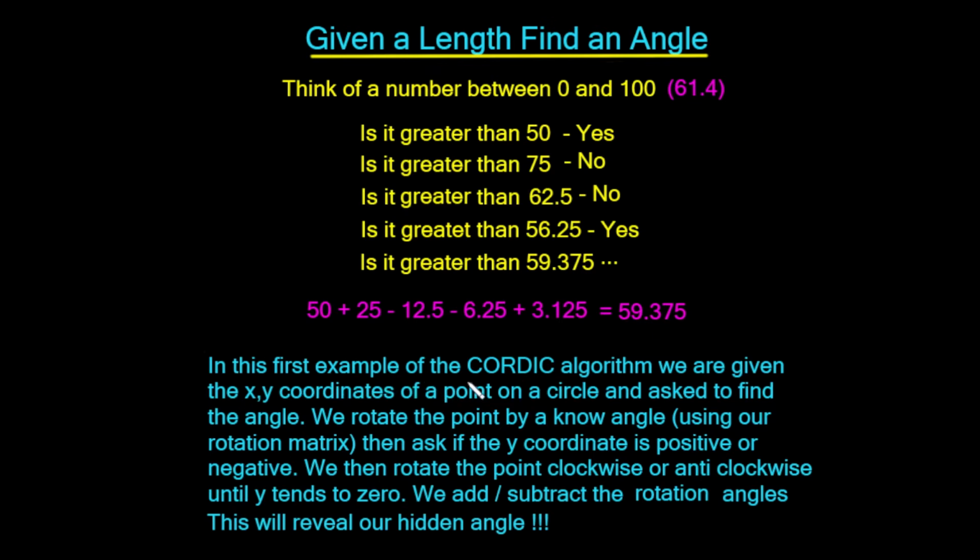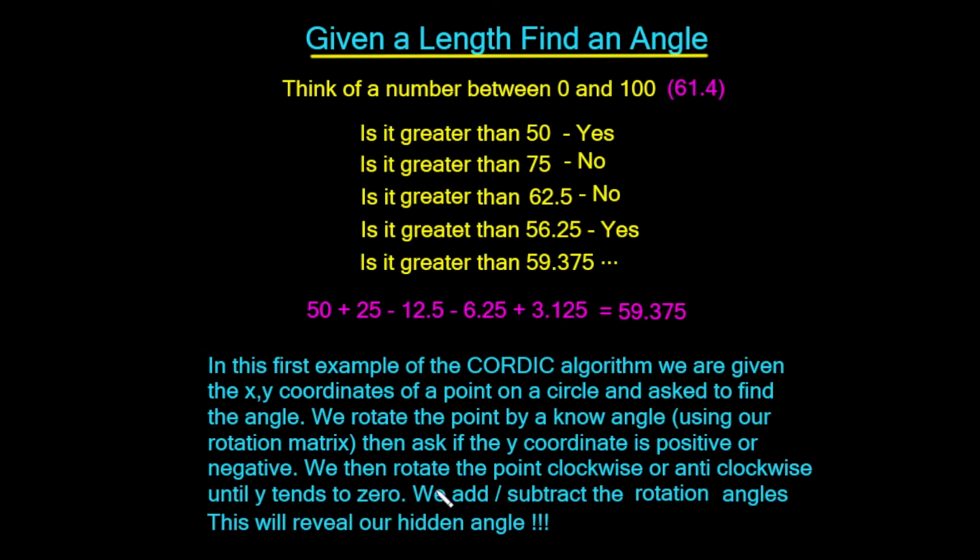Now in the first example of the Quartic algorithm, we're going to be given the x and y coordinates of a point on a circle, and we're going to be asked to find the angle. So what we do is we rotate the point by a known angle using a rotation matrix, and then we ask if the y coordinate is positive or negative.